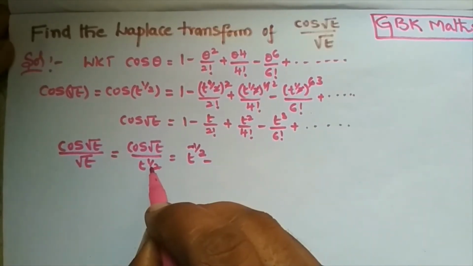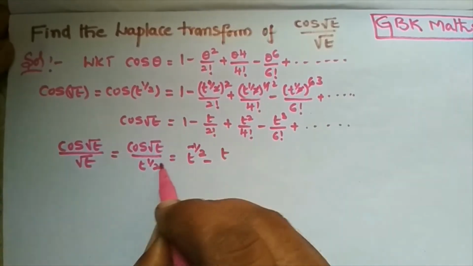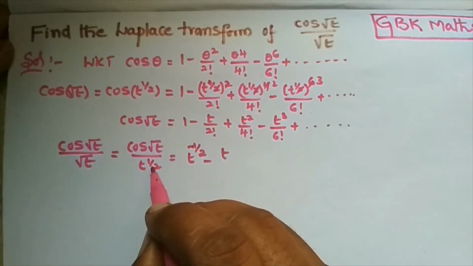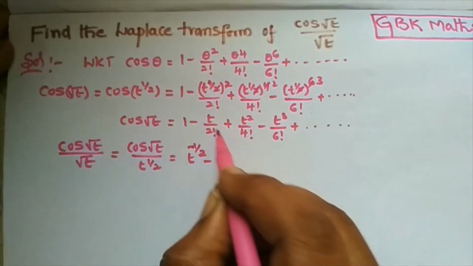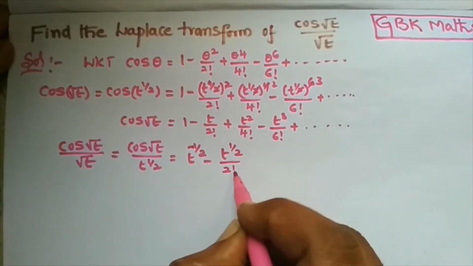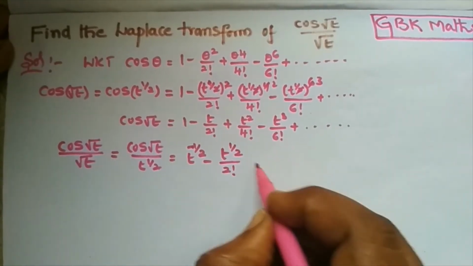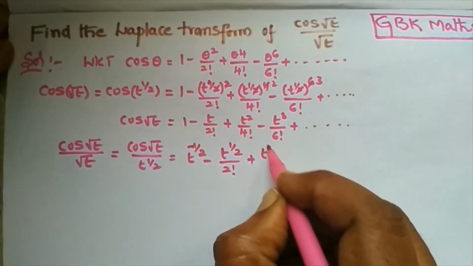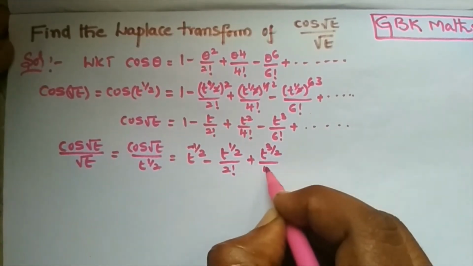Minus, the second term: 1 by t power 1 by 2 is multiplying this term, so the simplified term is t power 1 by 2 by 2 factorial, plus the simplified t power 3 by 2 by 4 factorial.